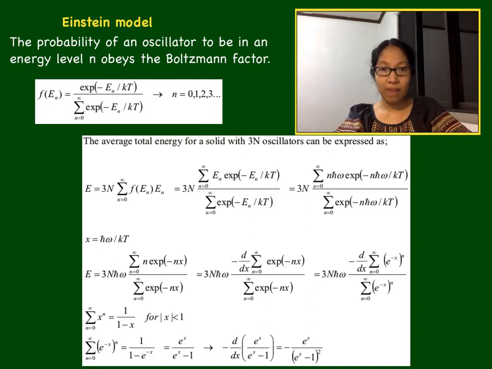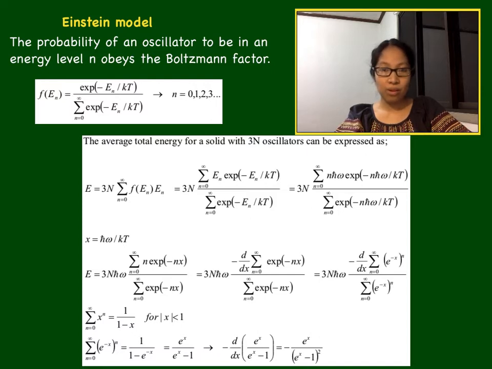So now we have a more simplified looking expression. And then we perform a bit of a trick here. We take the derivative with respect to x of the sum of the exponent of negative n times x. Furthermore, the exponent can be written as the quantity e raised to minus x, raised to n.